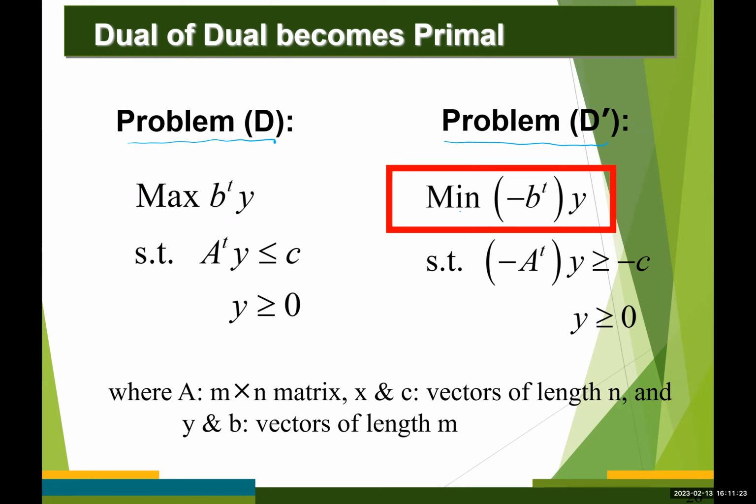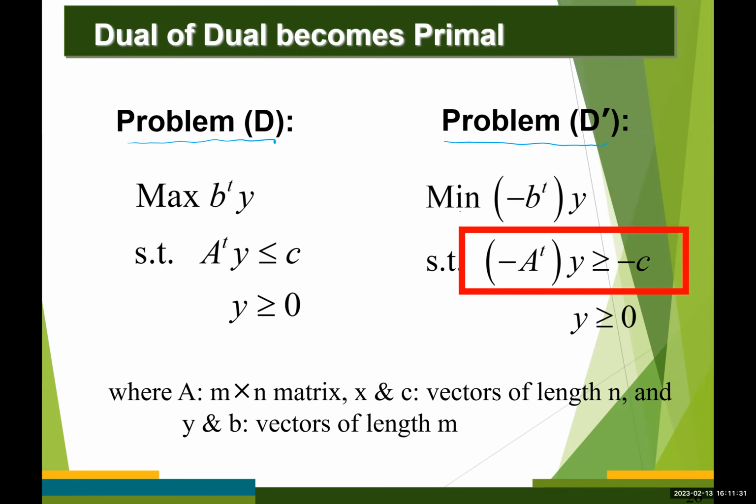Also, negating both sides of a less than or equal constraint produces a greater than or equal constraint. Is that right? What I did is just multiply negative 1 on both sides, and then you come up with this new constraint, right?